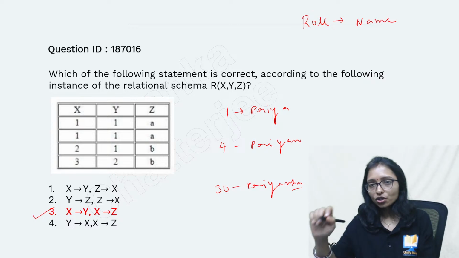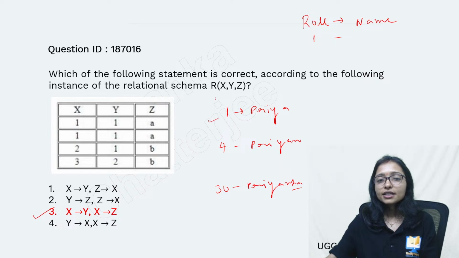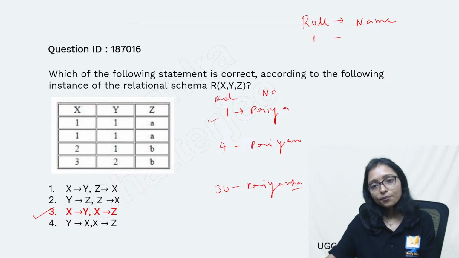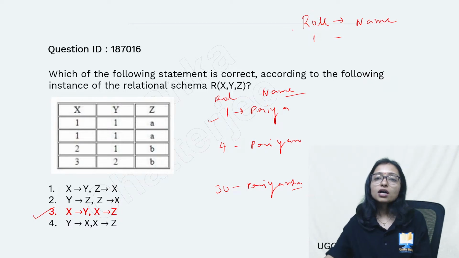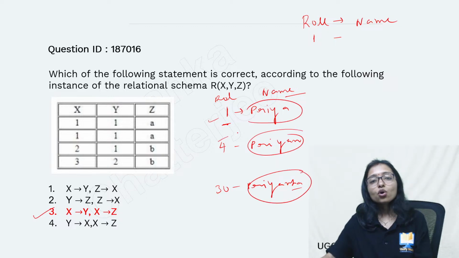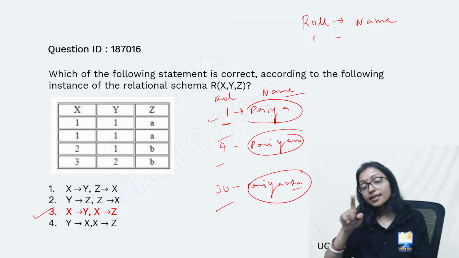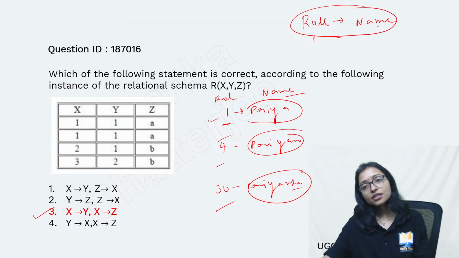So roll number 1 Priyanka, it is roll and it is name. So is it holding or not? Yes, this is holding, because although for these roll numbers the name is same, no problem, but the roll numbers are different. That's why this is holding. That's why if I am telling roll number implies name, is this holding?